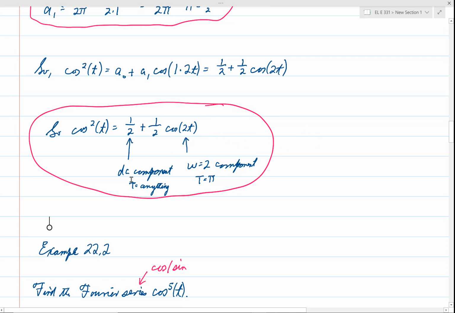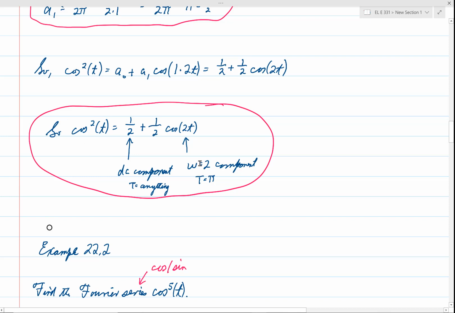And so now the DC component, as I said, you can consider the period of that to be anything, but this cosine 2t is the first thing that has a definite period, and since omega is equal to 2, T is equal to pi. And pi is also a period of all the subsequent terms, but it's not the fundamental period. T equals pi is the fundamental period of this. So overall, it's the fundamental period of the whole expression.